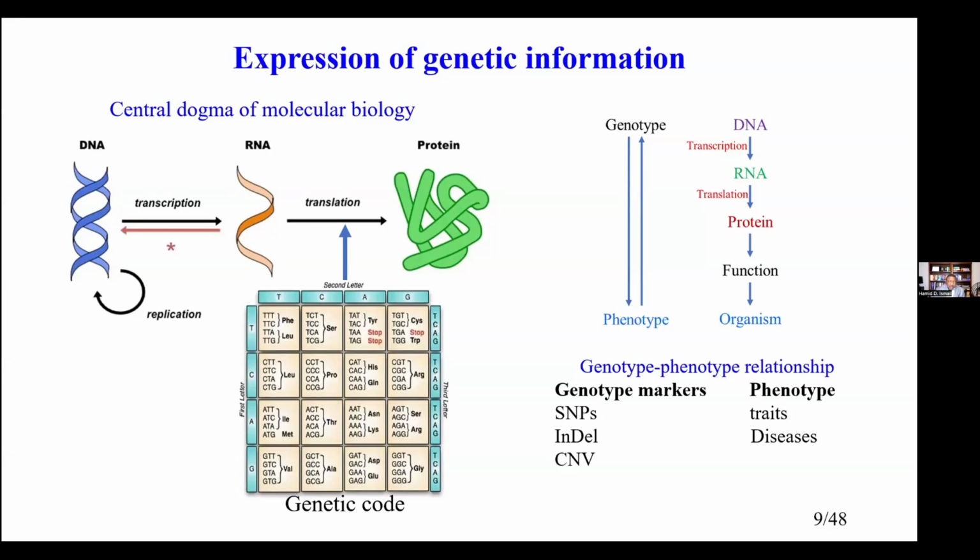Others are not functional, but of course they may be functional, and maybe their function is just not discovered yet. So you cannot say they are not functional, okay? But by functional, we mean the portion that can code for a protein or has a specific function.